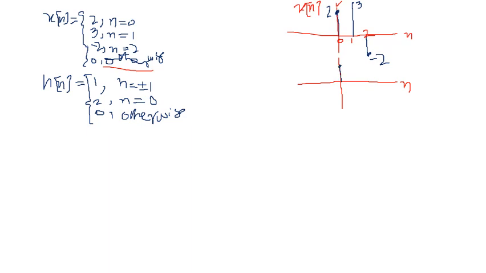So this is equal to 2 in fact, right? So at 0 it has value of 2, at 1 it has value of 1, and at minus 1 again it has value of 1.